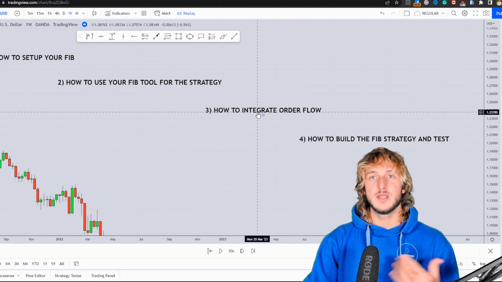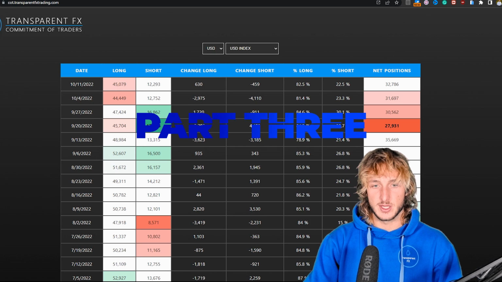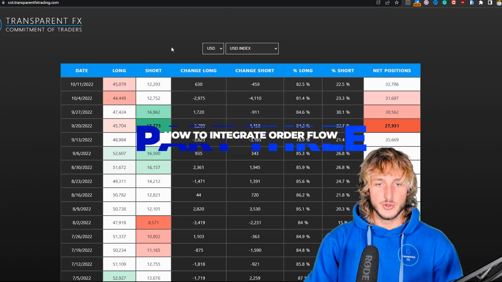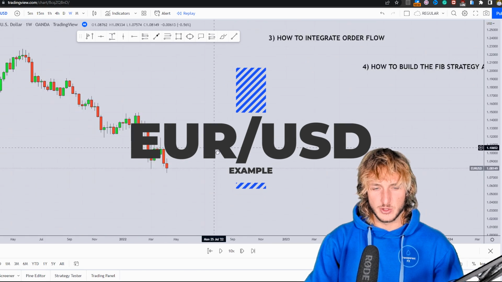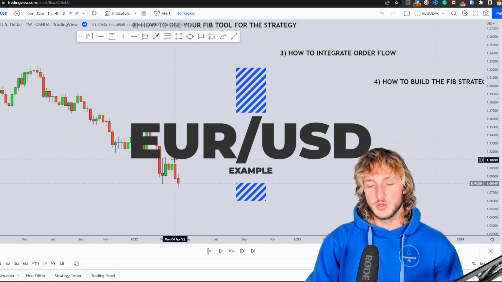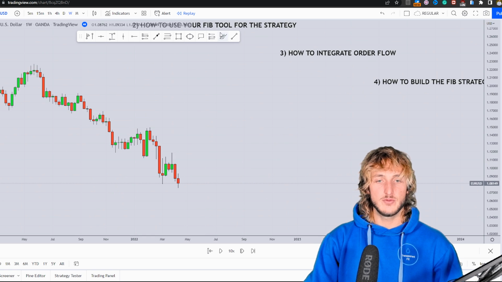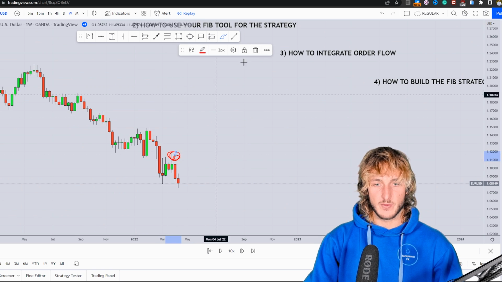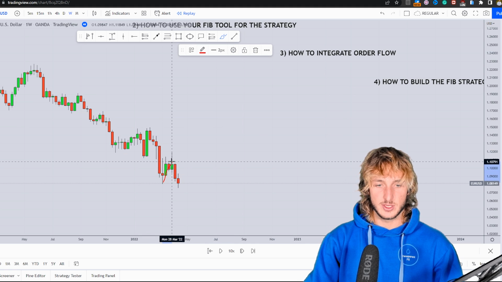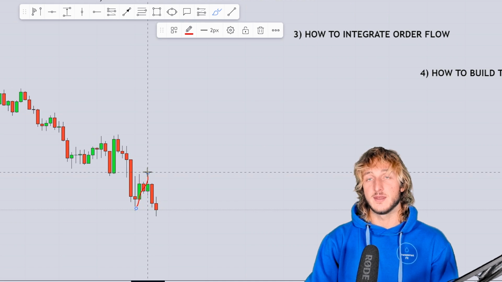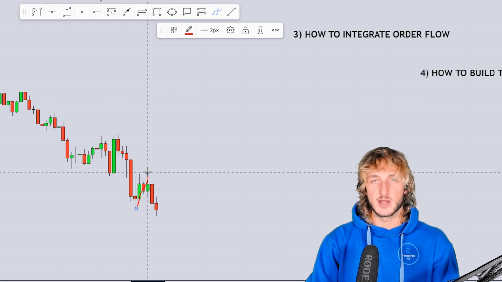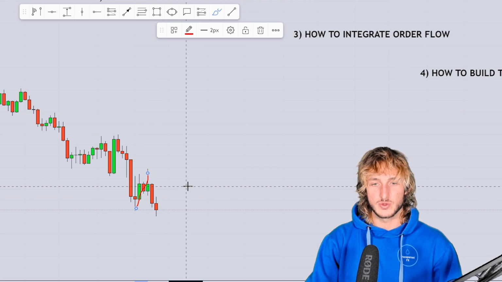Now, how do you integrate order flow inside of a strategy like this? What you do is you look at what is happening on that specific pair. In this case, we were looking at Euro USD. What we would be doing is if we're looking, for example, to short around this area, we know that the market is approaching an area in which we have multiple Fibonacci levels all aligning for our resistance area from which we expect a rejection to the downside.